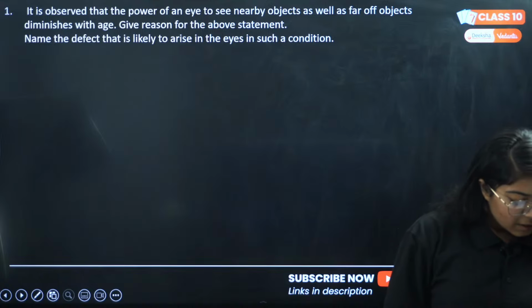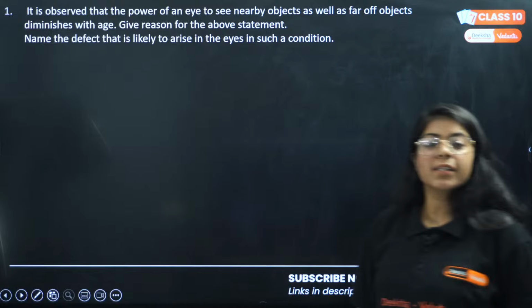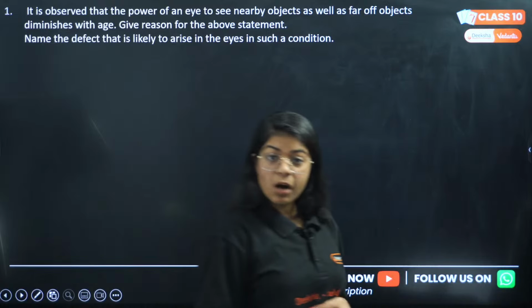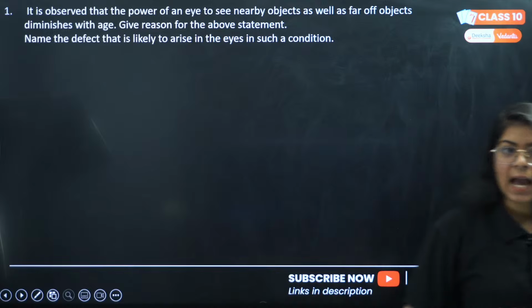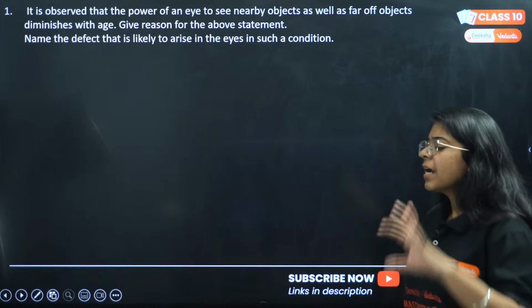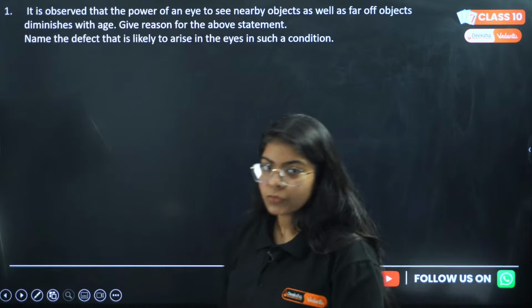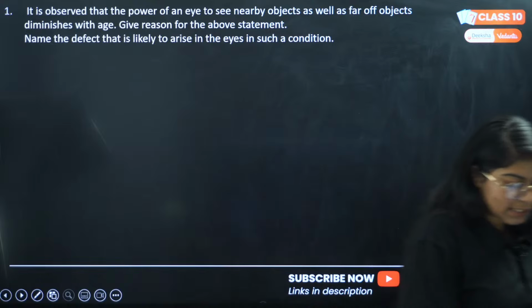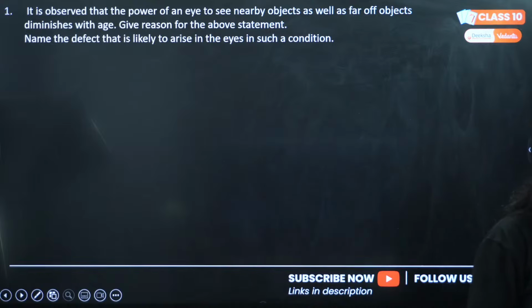Okay, let's move to the next question. This is the human eye. It is observed that the power of an eye to see nearby objects as well as far off objects diminishes with age. Give a reason for the above statement. What is the reason for the above statement?